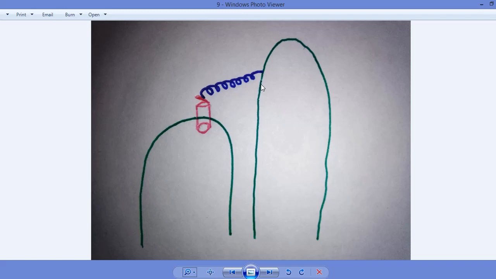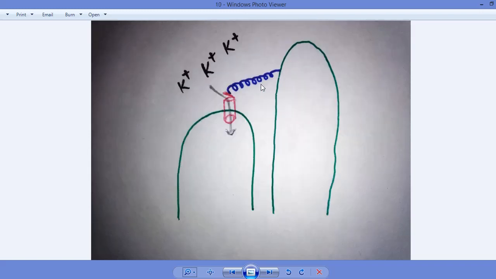So what happens normally? Upon each of these cilia, there is the tectorial membrane. When the tectorial membrane starts vibrating, these stereocilia bend to one side.